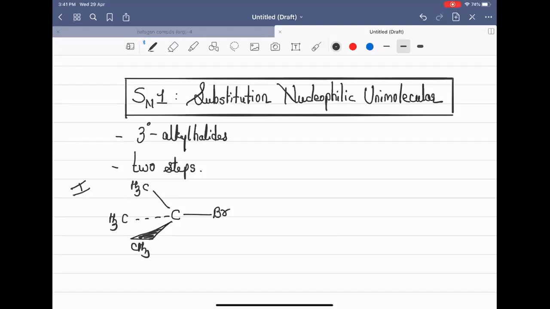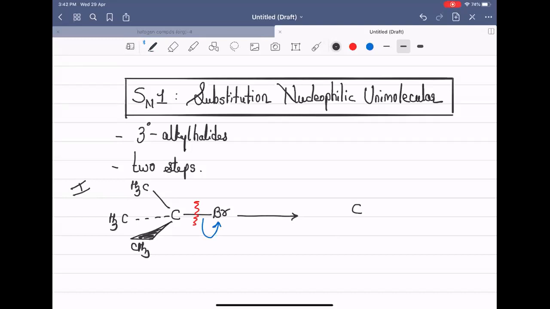In step number one, the bond between carbon and halogen breaks. This is like halogen taking both the electrons and moving out. You get a carbocation, obviously.